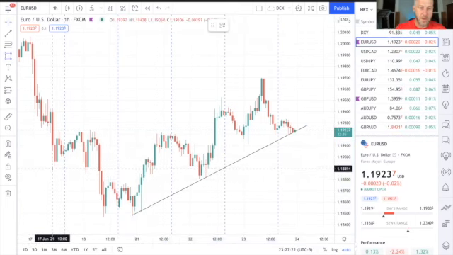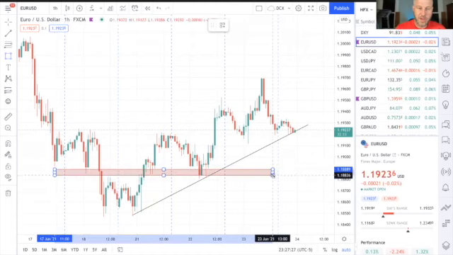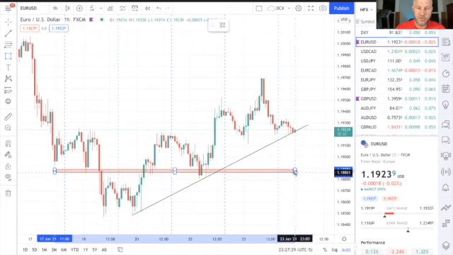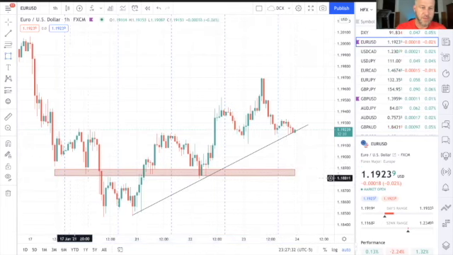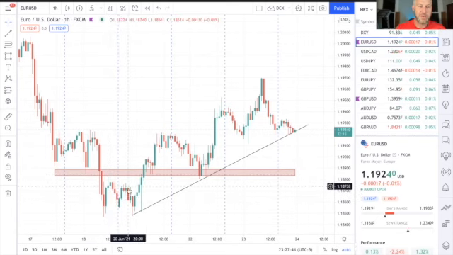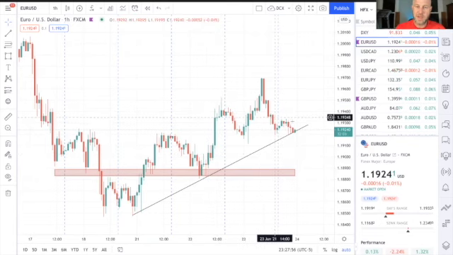Okay, so you can put a little area here that shows you that zone. I know this isn't exactly perfect, but it comes down, runs back up, comes down, runs back up, breaks it, retests it again, comes back down, comes up, breaks it up again, comes back down, tests the same zone, up, back down, up again, down, and then it's coming back into this area.